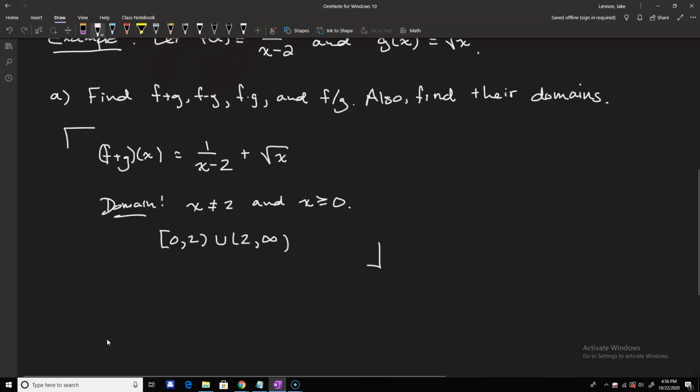And then f minus g is not going to be too much different. In fact, it's going to be exactly the same domain, and the formula will be similar. It's just going to have a minus in the middle. So f minus g of x is going to be 1 over x minus 2 minus the square root of x. And the domain of this function, as mentioned, is going to be exactly identical. So I'm just going to copy down the interval notation.